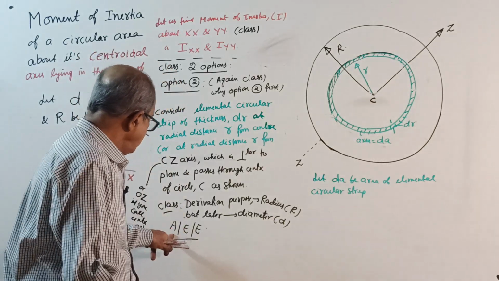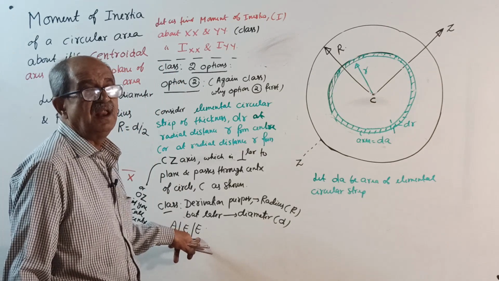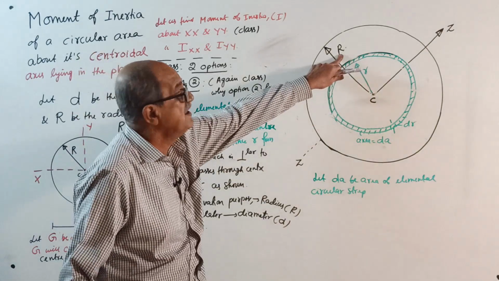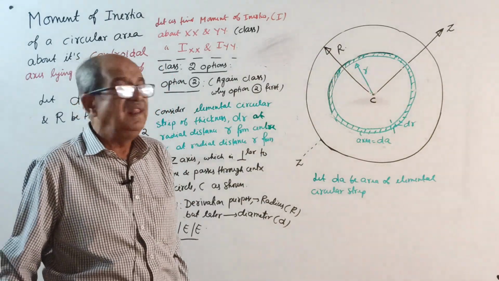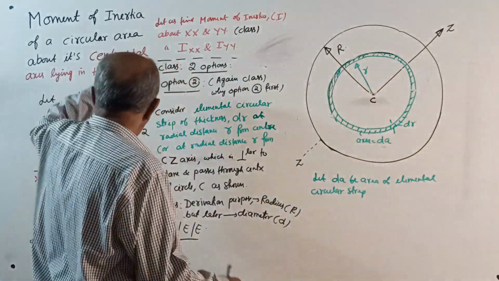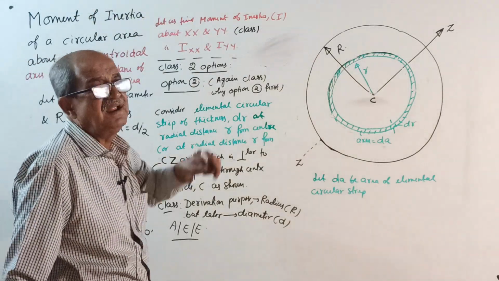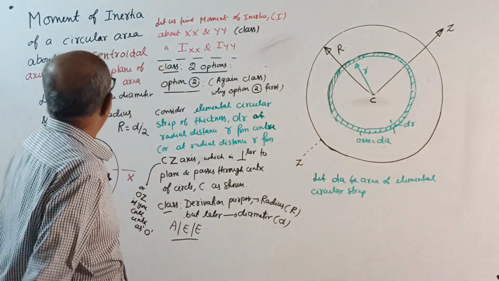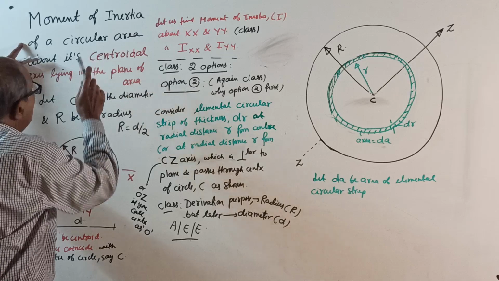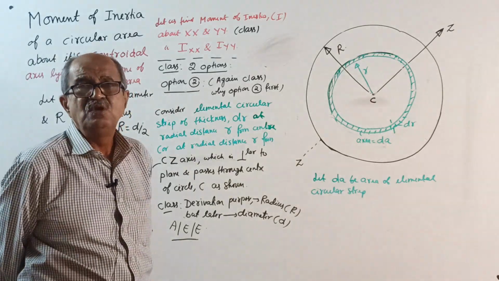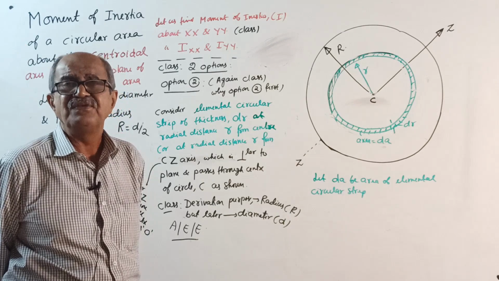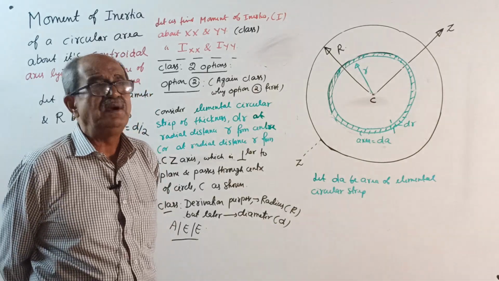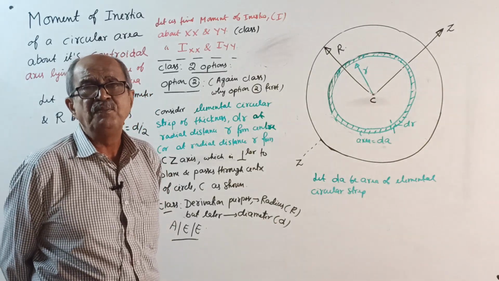So we will derive with respect to capital R, the radius of the circle, then later replace R by d by 2 and get the answer in terms of diameter. If in an examination they ask to find the moment of inertia for a circular area of diameter d, no problem. You write, let R be the radius, solve in terms of radius, then replace R by d by 2. They cannot object to that.